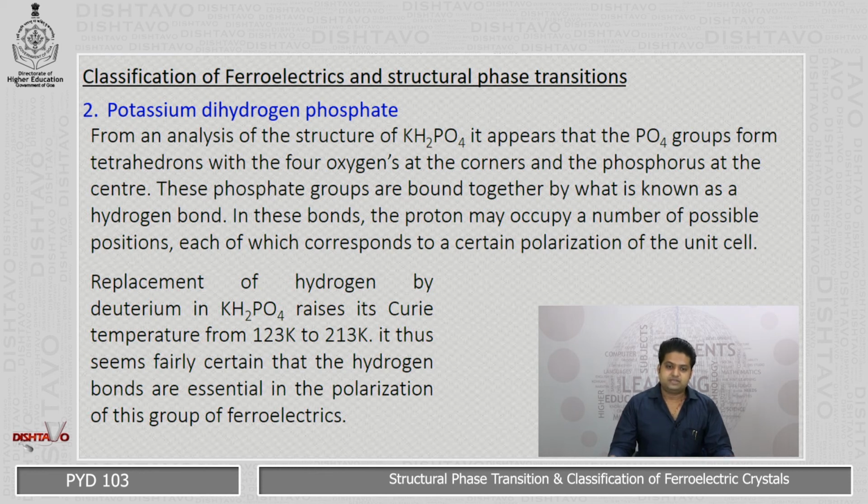Here also, replacing the hydrogen by deuterium raises the Curie temperature drastically from 123 Kelvin to 213 Kelvin. Okay, almost an increase of 90 Kelvin. And it thus is fairly certain that the hydrogen bonds are essential in polarization of a group of ferroelectrics.